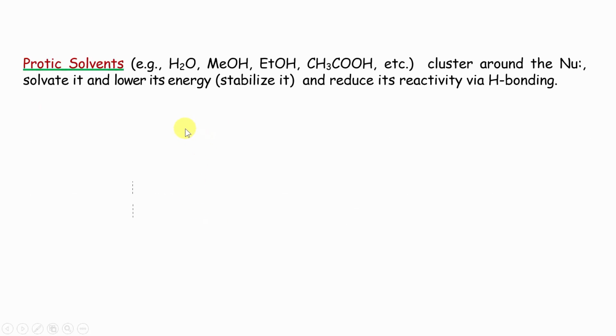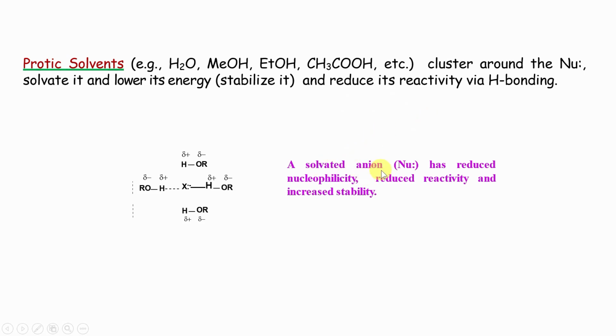Okay, water, methanol, ethanol, and acetic acid are the important examples of protic solvents. These protic solvents form a cluster around the nucleophile, or the protic solvents solvate the nucleophile and lower its energy. Thereby it gets stabilized and its reactivity is reduced via hydrogen bonding.